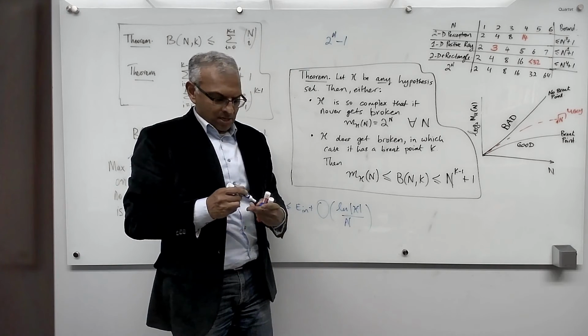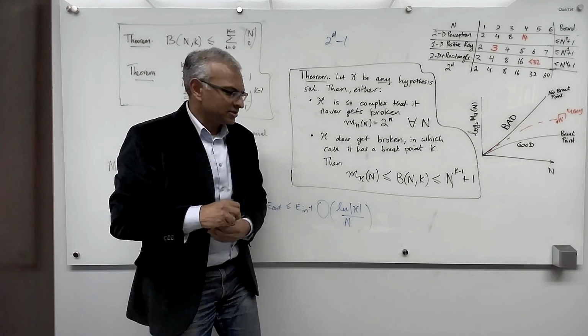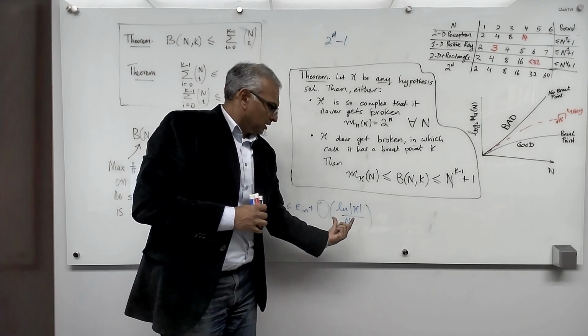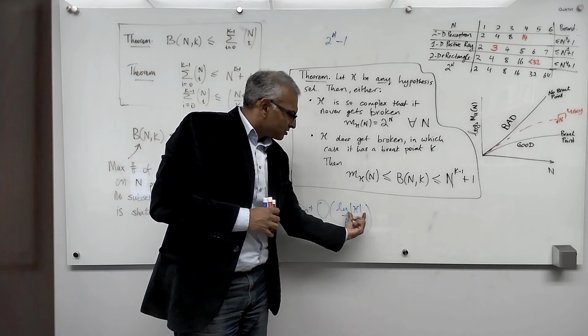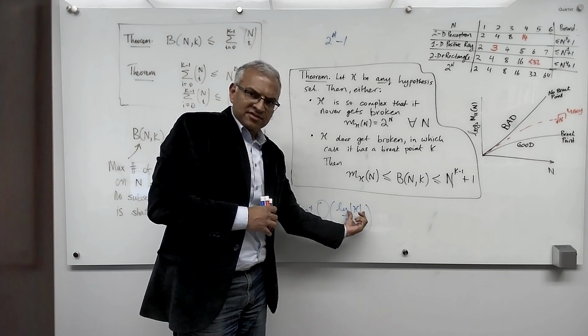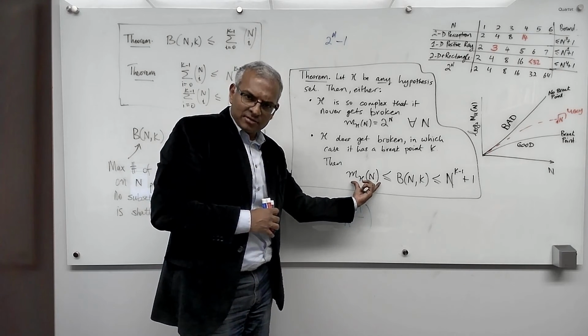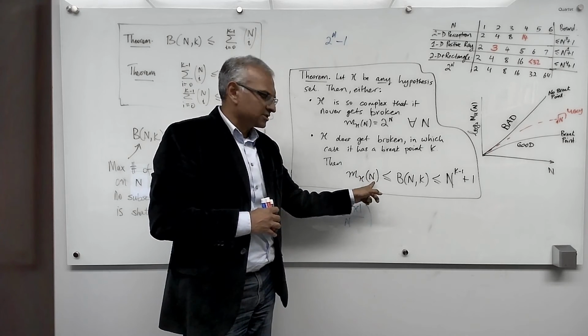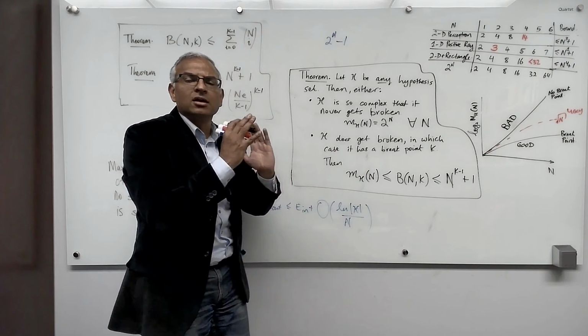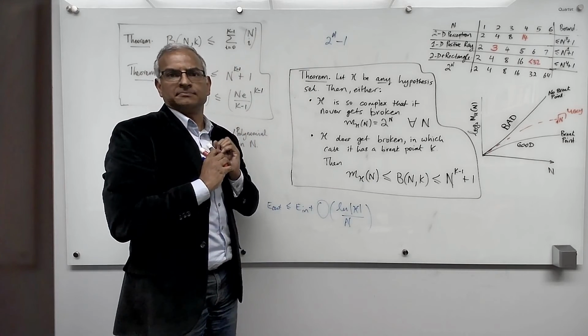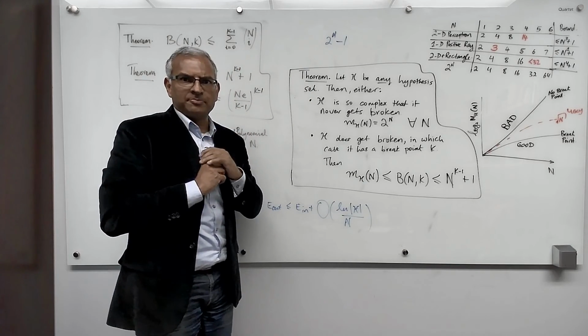So if we succeed in replacing the size of the hypothesis set with the log of this effective number of hypotheses on a data set of size n, then the conclusion is startling. There are 2 types of hypothesis sets.